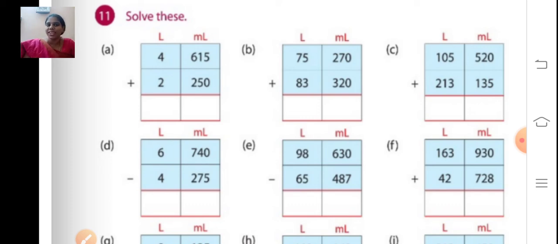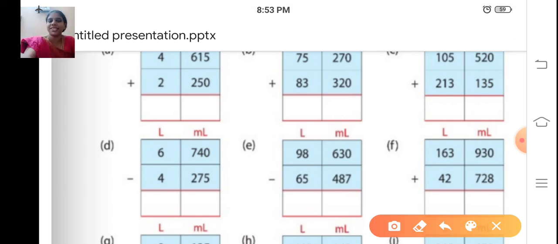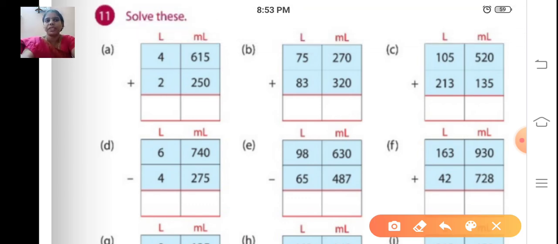First we'll add the milliliters. 0 plus 5, 5. Write down 5. 5 plus 5, 10. Write 0 and carry 1. 6 plus 2, 8.